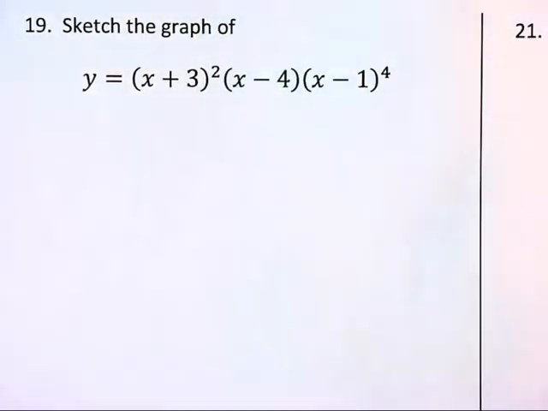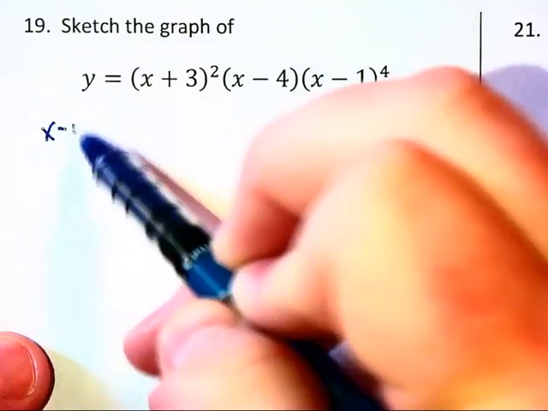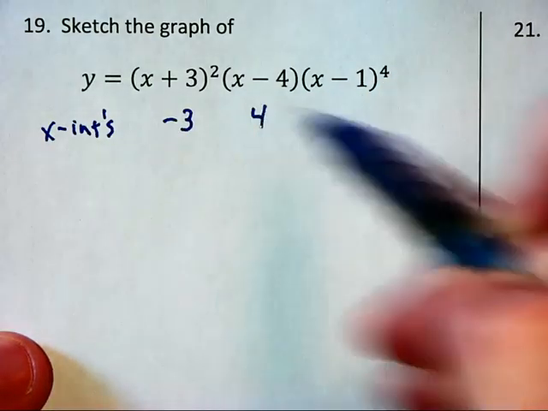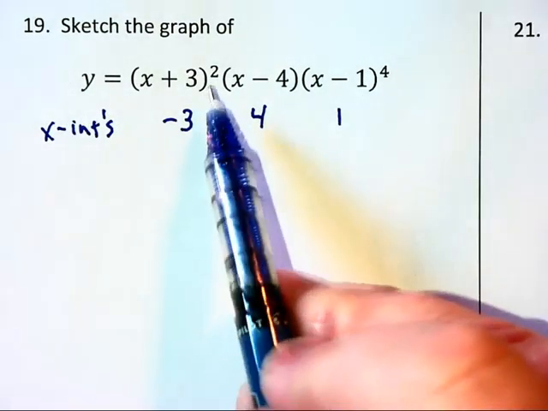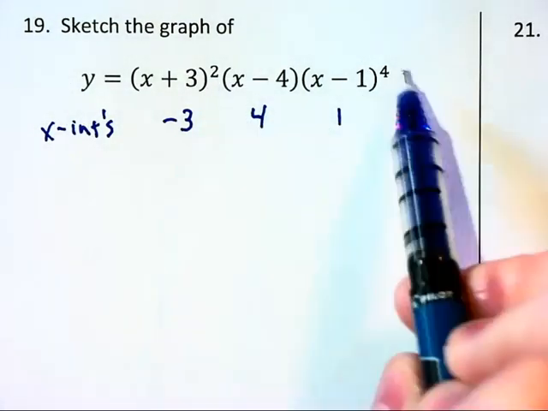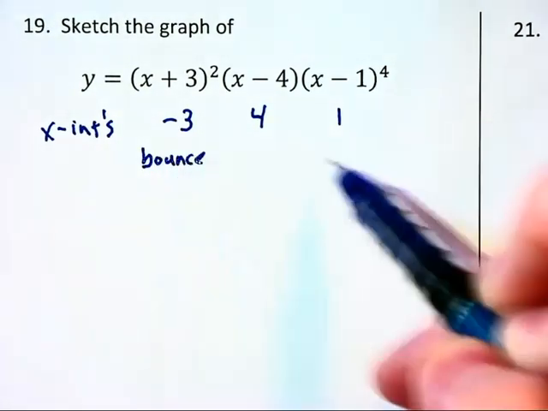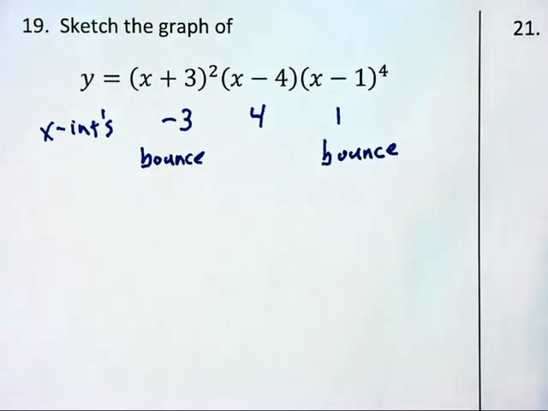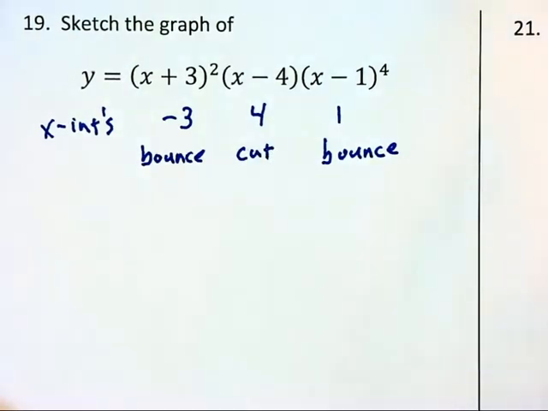Okay, sketch the graph of this polynomial function. We can see that the x-intercepts are located at negative 3, positive 4, and positive 1, but because of the even multiplicities, we now know that they will be bounce intercepts, so to speak, at the negative 3 and 1, and a cut variety at the 4.